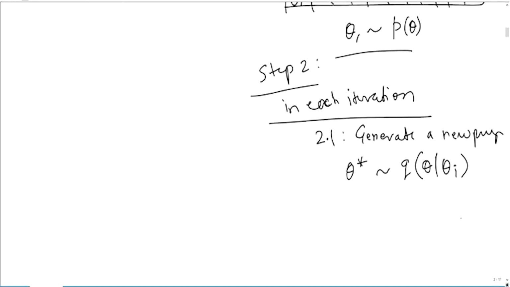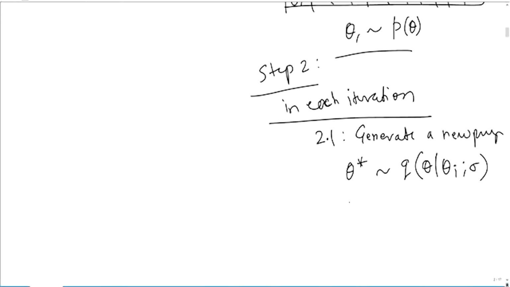Once you have a new proposal, you would evaluate it. One thing that happens in generating a new proposal is that, along with the current state of the chain, this density has another parameter, sigma. This parameter determines how far you can generate a new proposal from the current state of the chain.